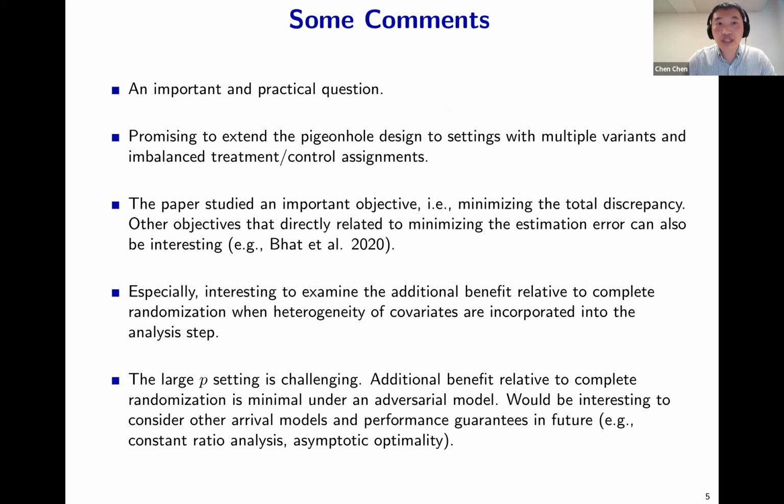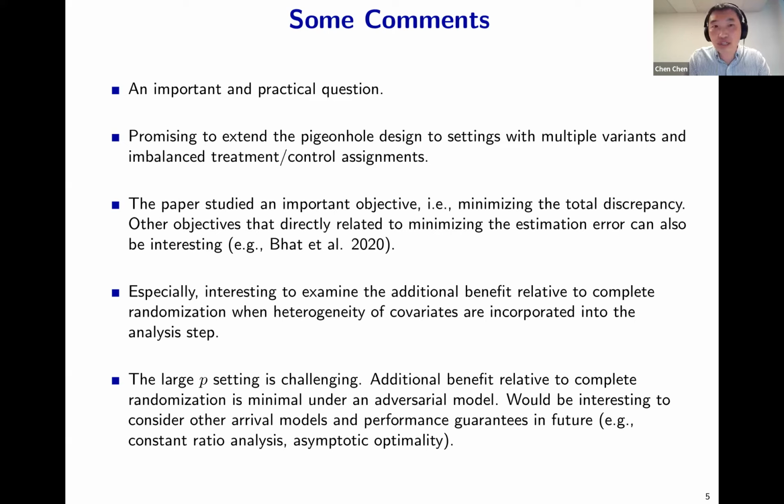So again, I would like to say it is a very important and practical question to study, especially since the literature hasn't touched upon the sequential design of the treatment control allocation too much. And also it is very meaningful to examine what the benefit is of designing more complicated experiments relative to the complete randomization.